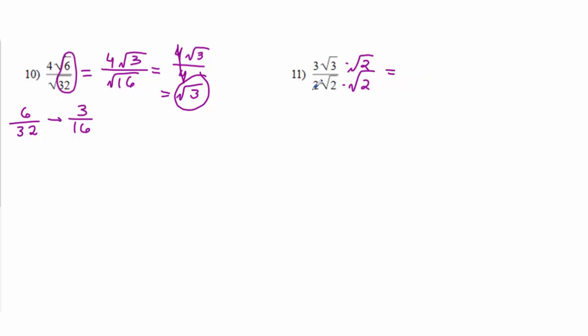So on bottom, 2 square roots of 2 times the square root of 2 gives us 2 square roots of 4, which we'll be able to simplify. On top, we do the square roots together, so that's 3 square roots of 6. So the square root of 4 on bottom we can do, that's 2. So that's 2 times 2, because we already had a 2, and that's 4. So this ends up being 3 square roots of 6 over 4.